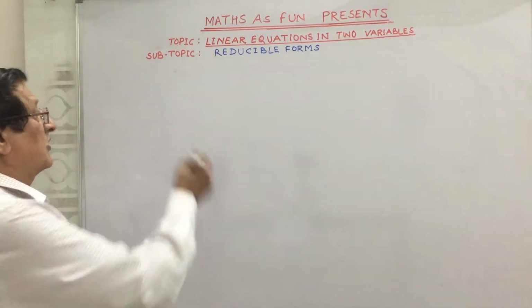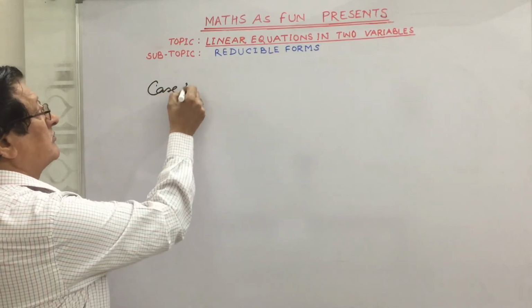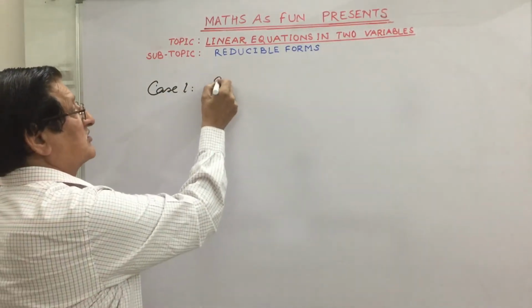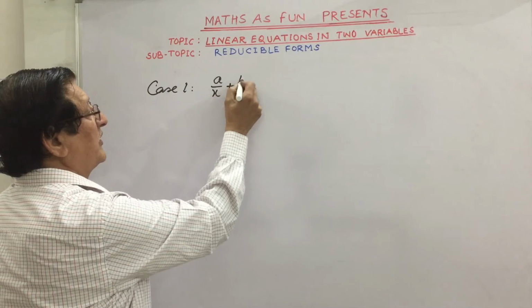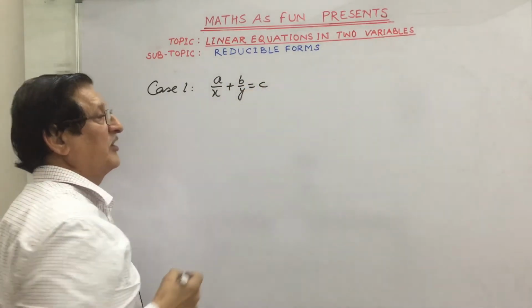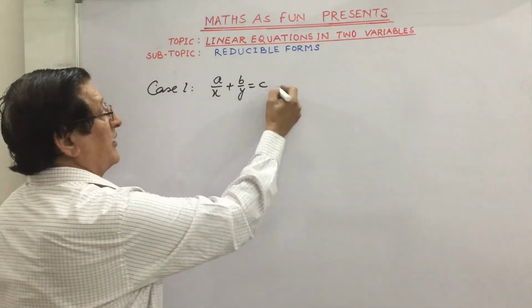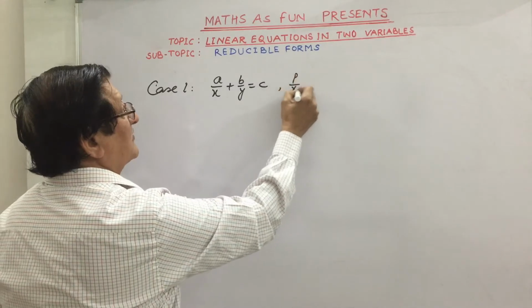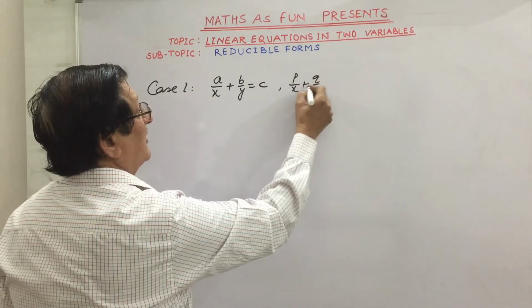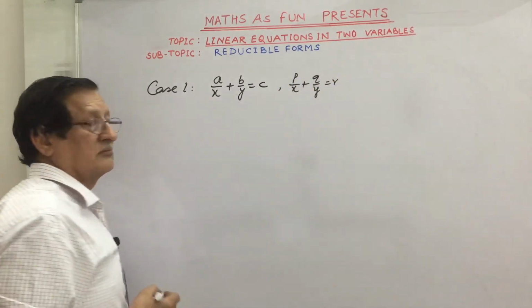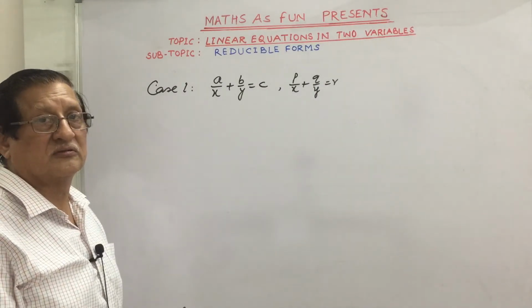Case 1 is when the equations are in the form of a upon x plus b upon y equal to c and p upon x plus q upon y equal to r. What do we do in such cases?